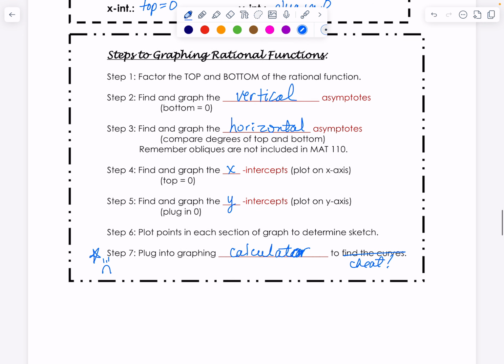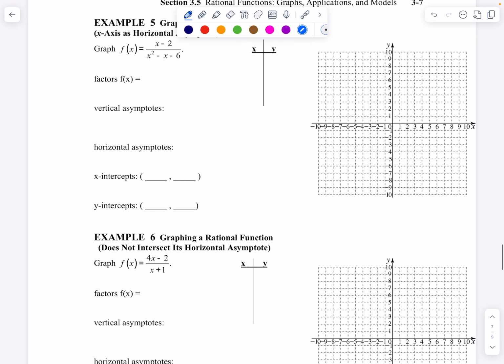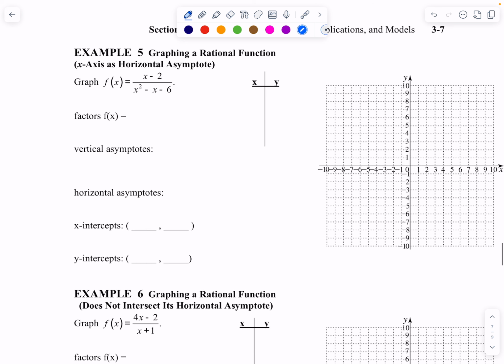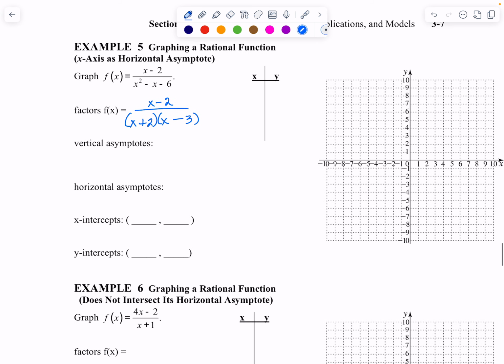All right, so this first one, I'm going to factor the top and the bottom. The top, I can't do anything to. I'm just going to leave it. But the bottom, we factored this one before. 3 and 2. So this one's going to be negative. That one's going to be positive. All right, so I factored it. My vertical asymptotes, remember, we're going to look at the bottom. So we're going to set the bottom equal to 0.